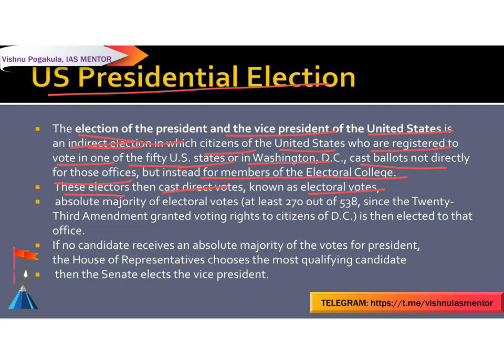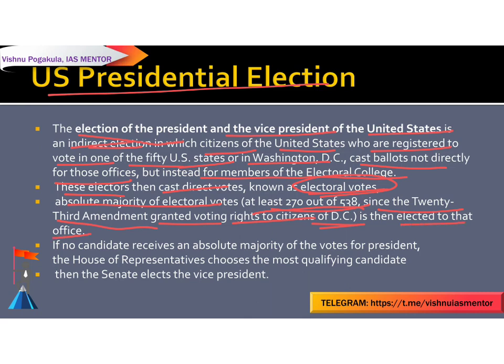Those candidates who receive an absolute majority of these electoral votes, that is at least 270 out of 538, since the 23rd Amendment granted voting rights to the citizens of DC, are then elected to the office.